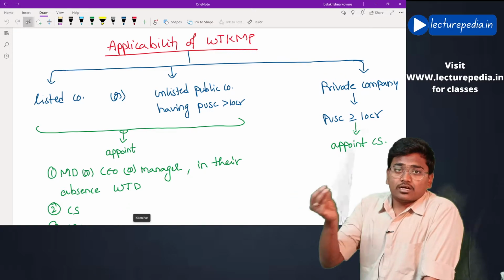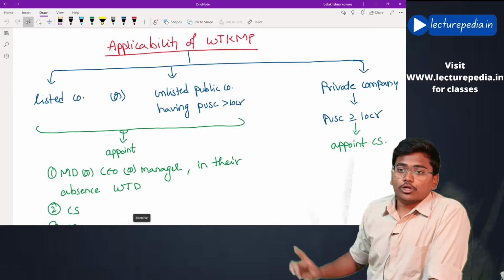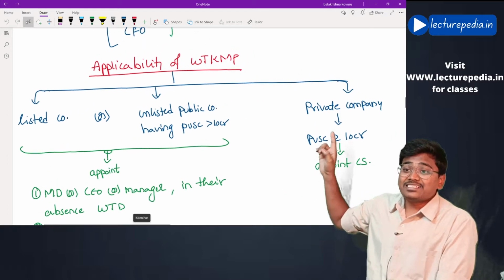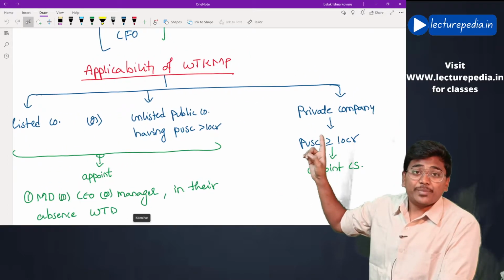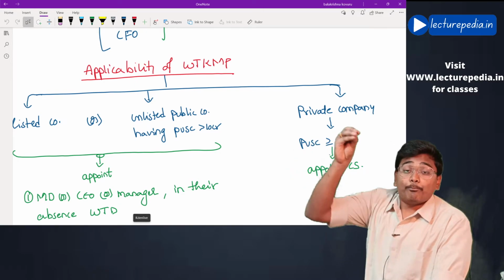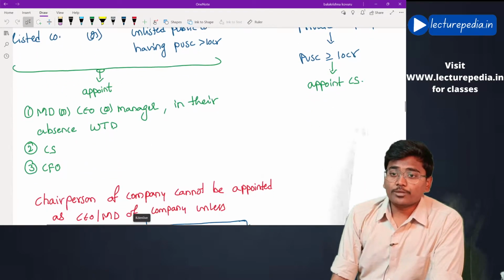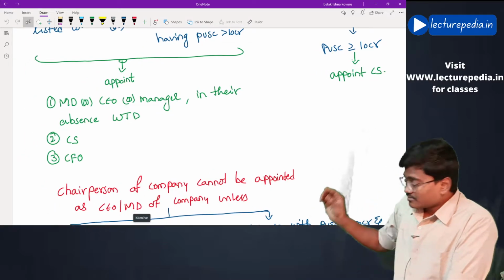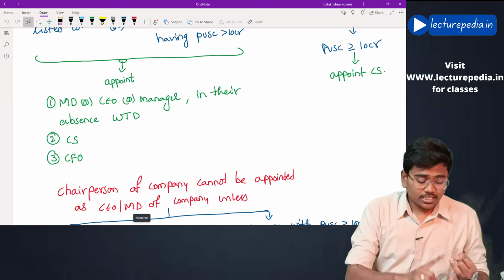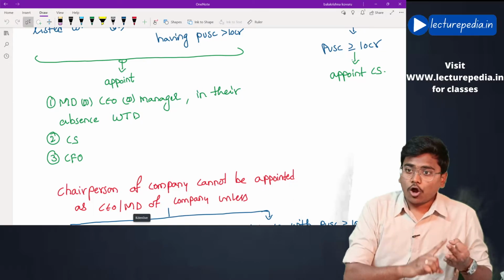This provision of section 203 will be applicable for all listed companies or unlisted public companies having paid up share capital of 10 crores. These types of companies must appoint the following people. In the first place, it should appoint either managing director or CEO or manager.